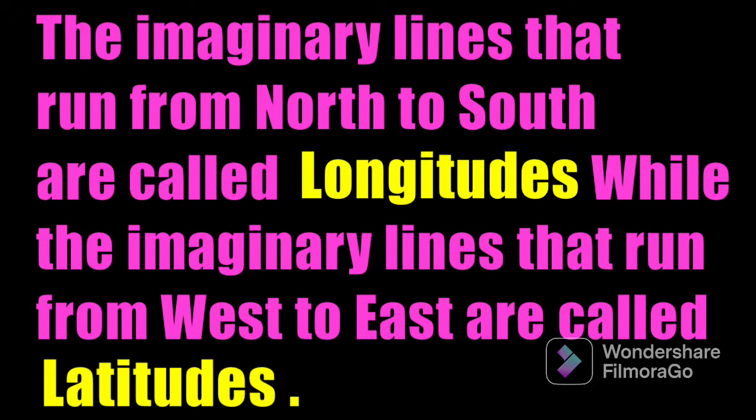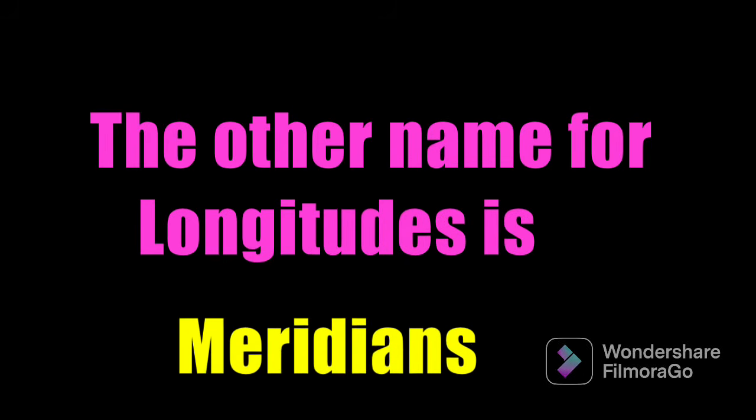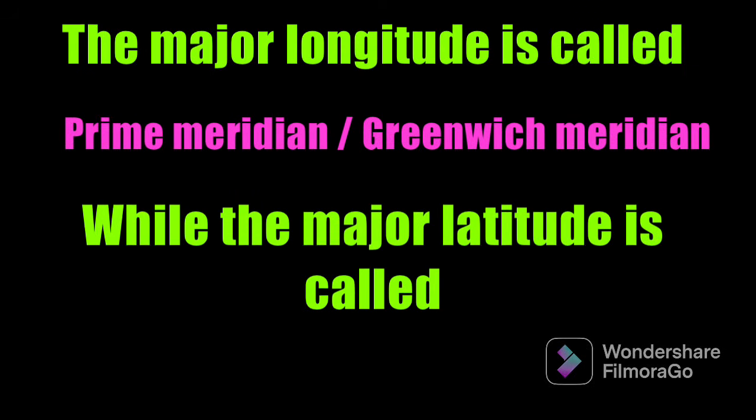The other name for longitudes is meridians. The major longitude is called prime meridian or Greenwich meridian, while the major latitude is called equator.